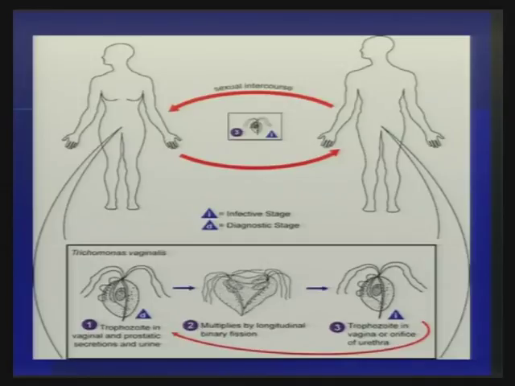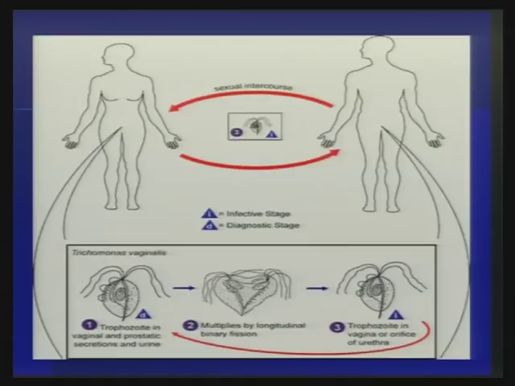No cyst in the life cycle. Trichomonas has no cyst. Transmission is caused by sexual intercourse, and there is only one form in the life cycle.